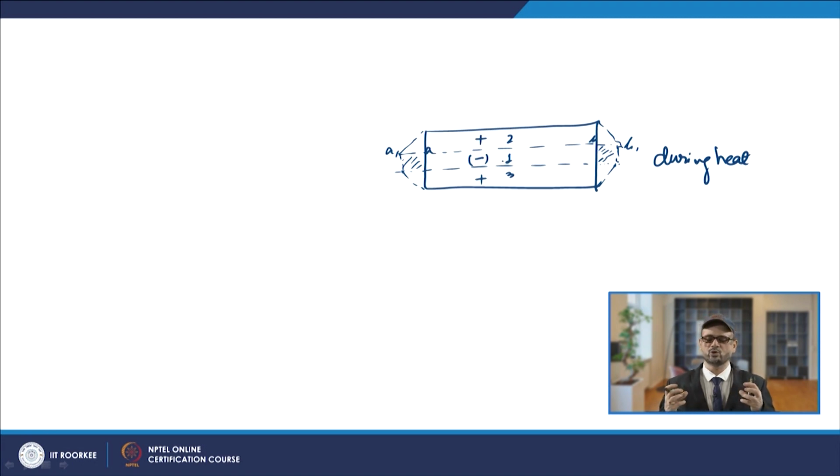So what will happen? Zone 1 will experience a tensile type of stress. It will try to contract, but it is not able to, so a tensile stress is developed in zone 1.